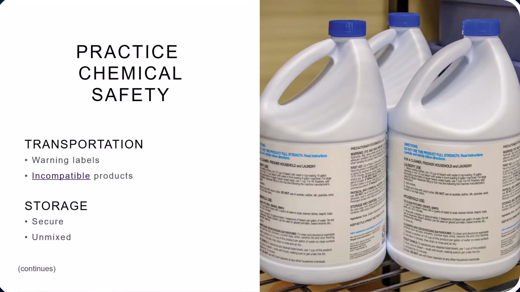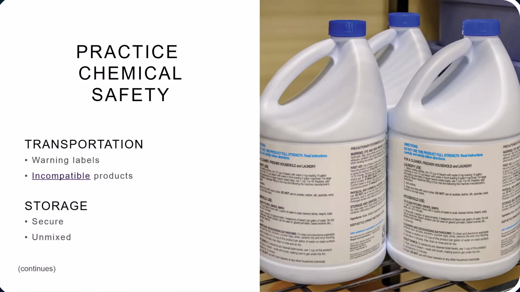Some products may have warnings that affect how you transport them. Maybe some say don't store them at temperatures of 78 degrees Fahrenheit or higher, or avoid direct sunlight. It's good to know it's not safe to transport products in certain conditions, or to keep them in certain areas for storage, like your garage or your car on hot summer days.